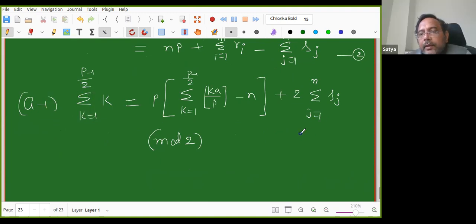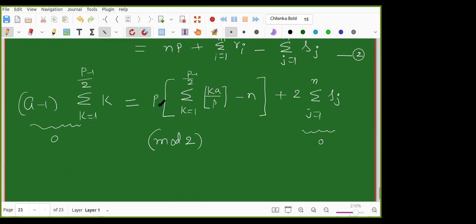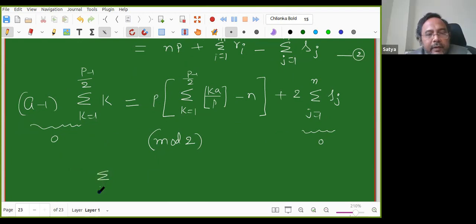What about this part? 0. This becomes 0. So what is left? This portion is left. And what about P? It becomes 1. So what am I getting finally? Summation k equal to 1 to (P minus 1) by 2 of floor(Ka by P) is congruent to n modulo 2.